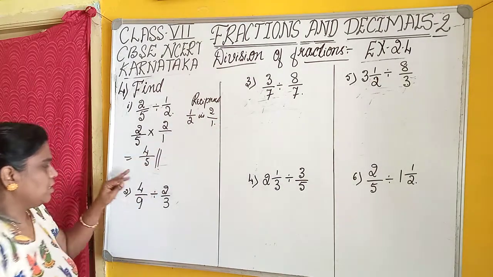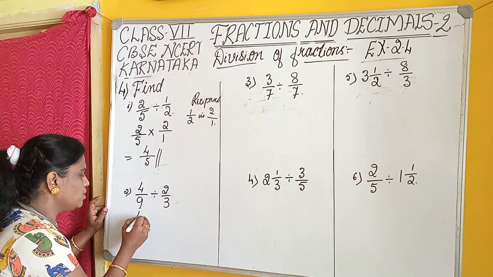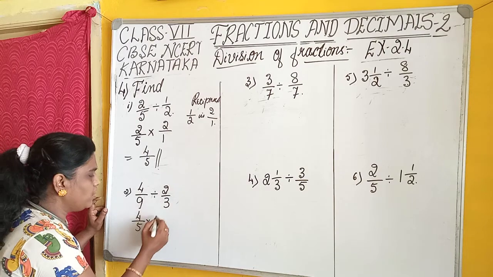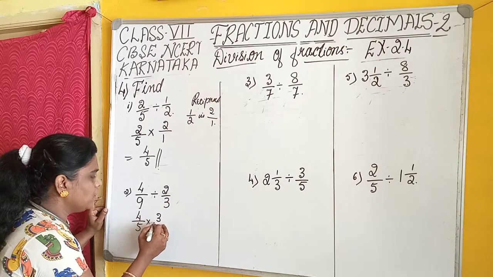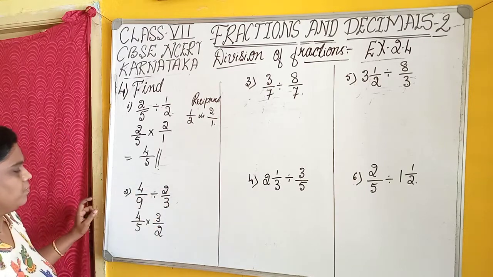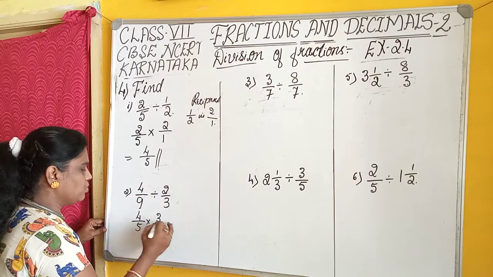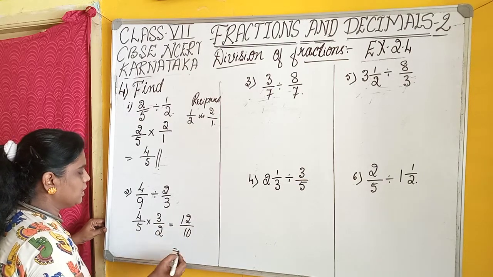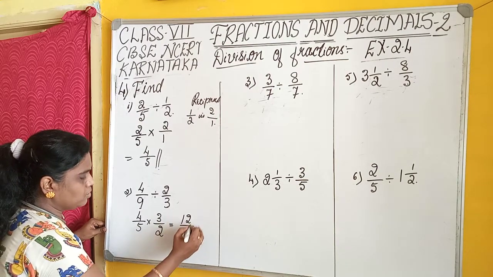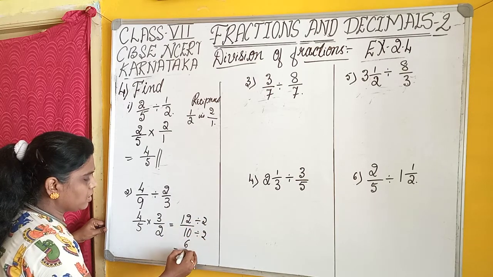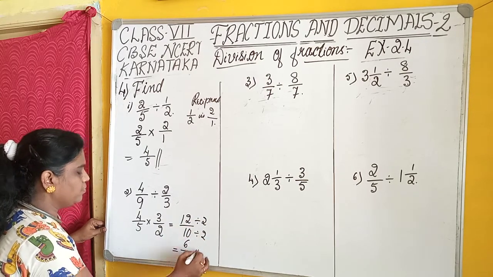Okay students, here the first fraction 4 by 9 is multiplied by the reciprocal of the second fraction. The numerator will become the denominator, the denominator will become the numerator. That is equals to 4 3s are 12, 5 2s are 10, and you can simplify it by dividing by 2: 2 6s and 2 5s.